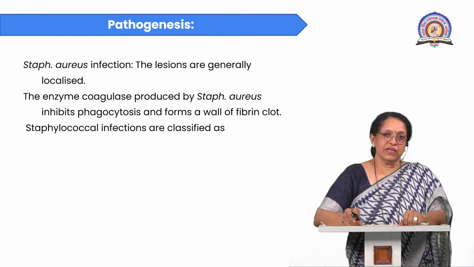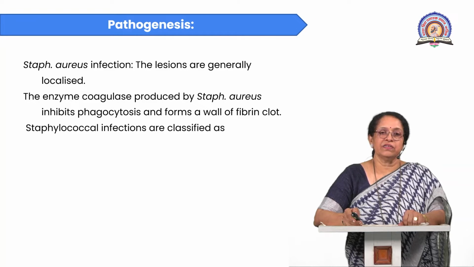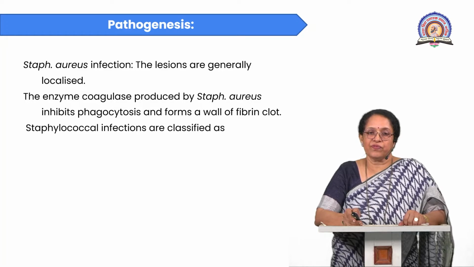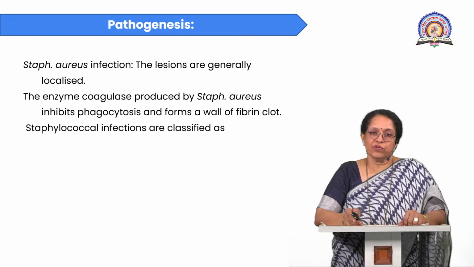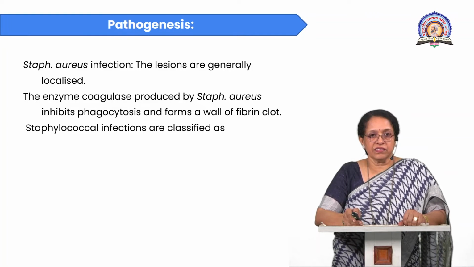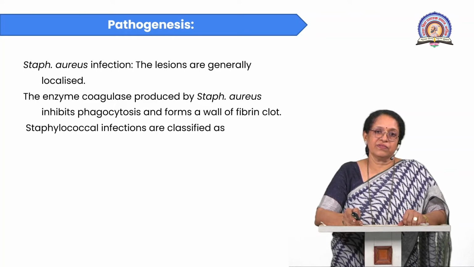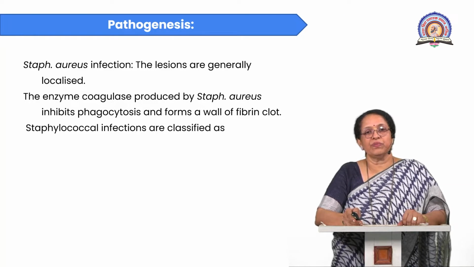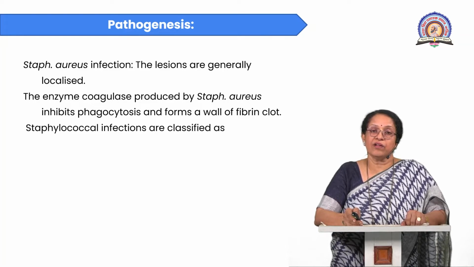So there is the entry of the organism, and upon entry, chances are of different types of infection based on the site preferred by the microorganism for entry. Usually the lesions produced by these microorganisms are initially localized.